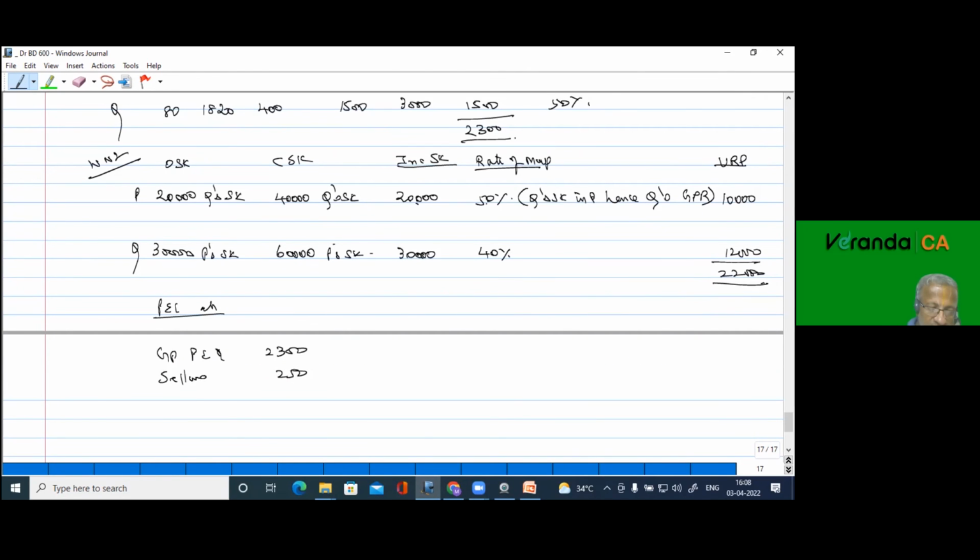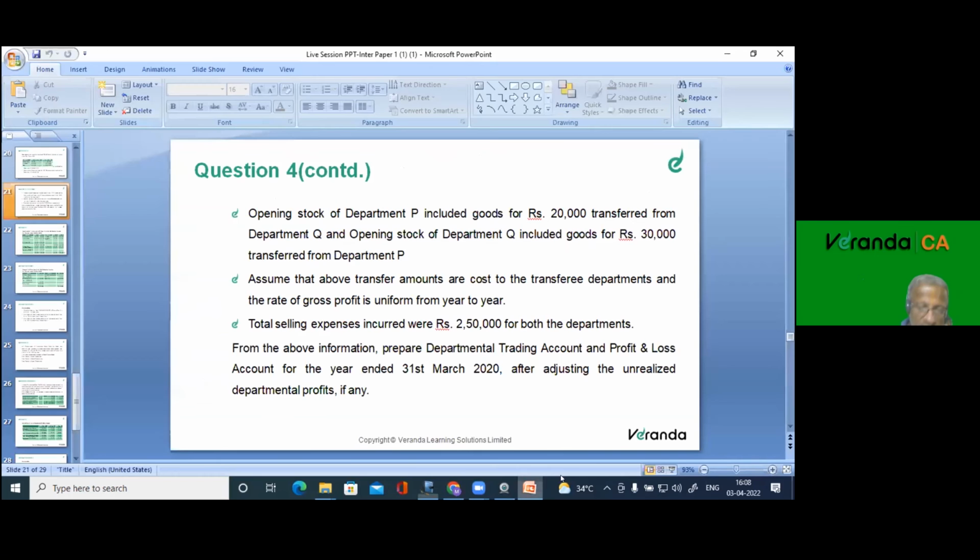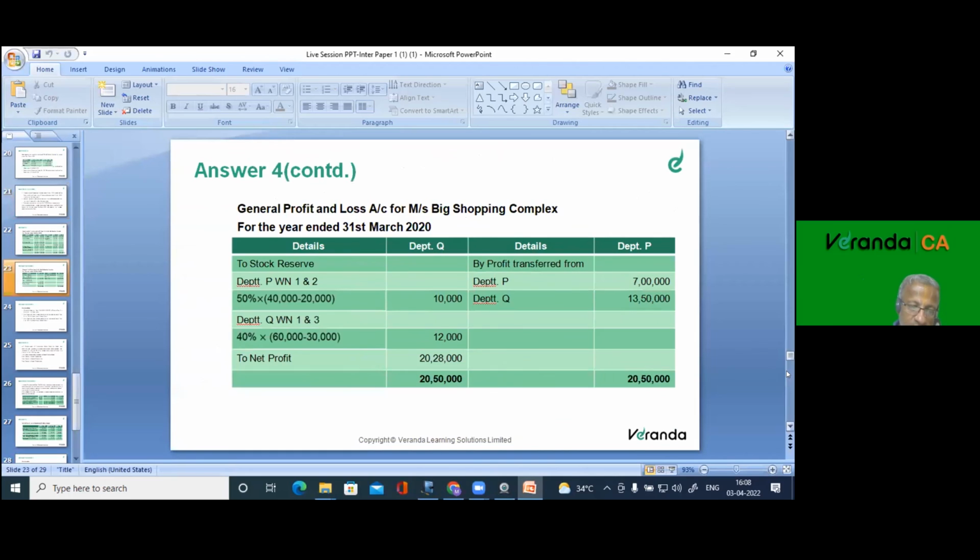Selling expenses, unrealized profit 22. 2,300 minus 250 minus 22 is 2,028. Just see. That's why it's very easy. If you understand the flow, it becomes simple.